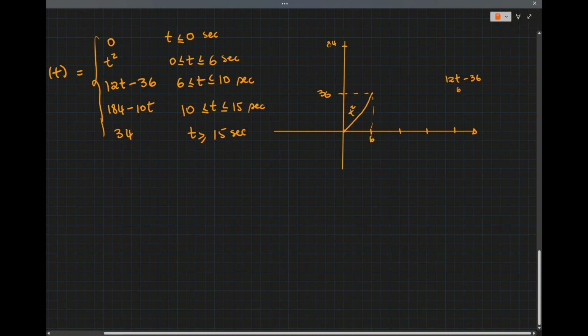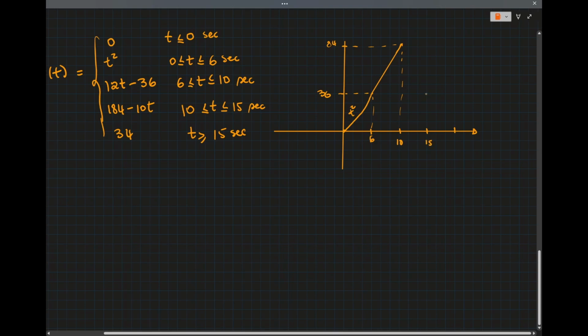When I plug in 10 here, 120 minus 36, which is 84. So that's this point. Okay, so I say this is 10. So it's a straight line up to there. And then from 10 to 15, let's say this is 15.